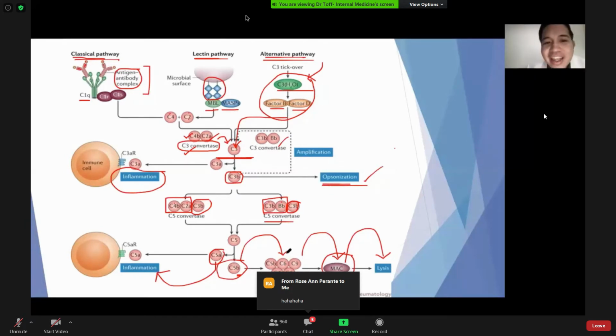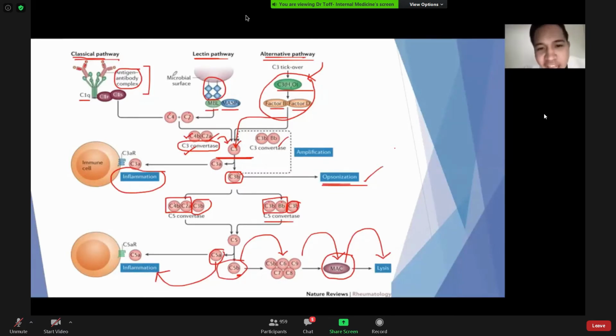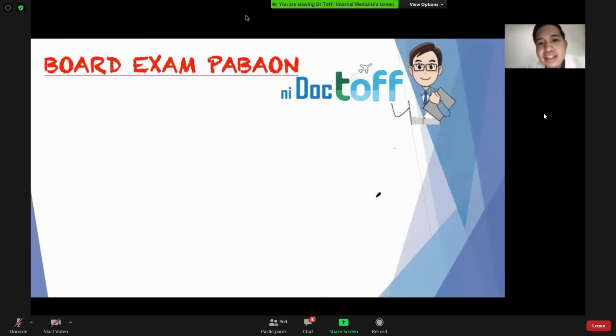So, yun lang po ang kwento ng ating complement cascade. Is that clear? And eto pong complement cascade na to, eto yung tinatakasan at nilalabanan ng encapsulated bacteria. That's the reason why immune response against encapsulated bacteria should be extra. Kailangan effortan. Okay? Kasi tumatakas sila dito. Is that clear?